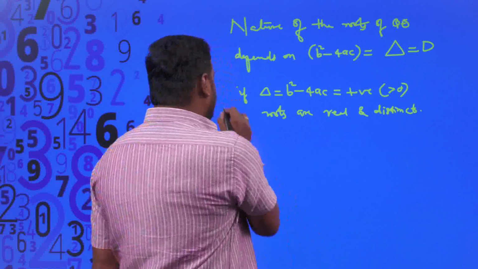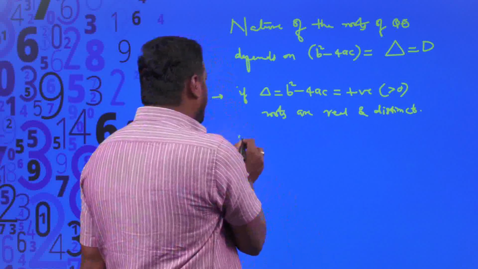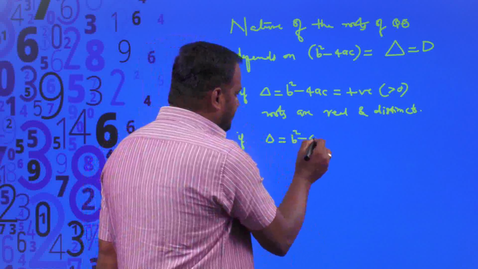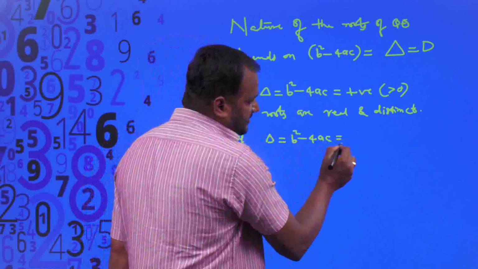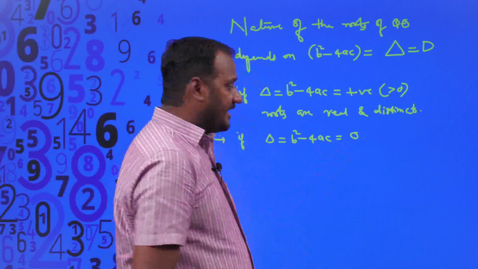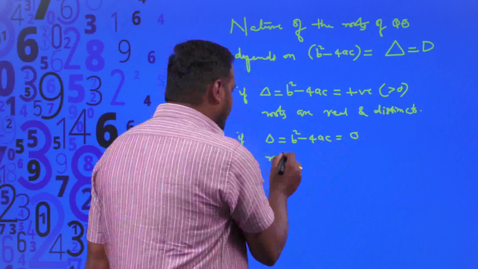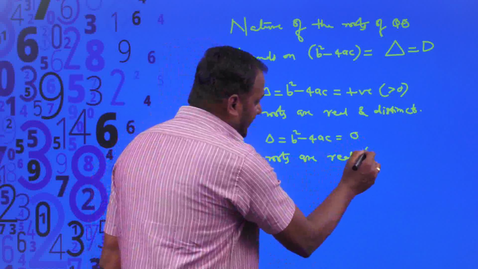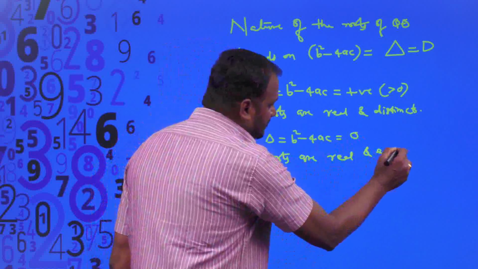Okay. Suppose the value of delta, equal to b square minus 4ac, is equal to 0, then what do you call those roots? Then the roots are real as well as equal roots.